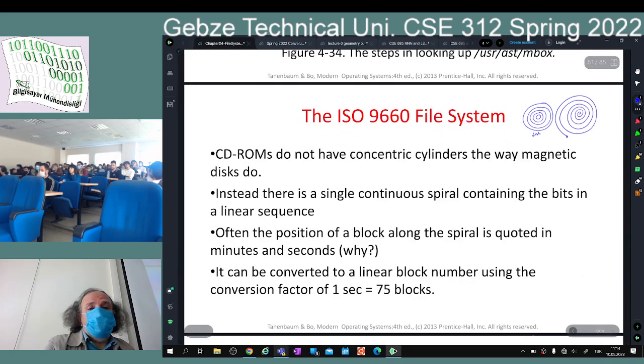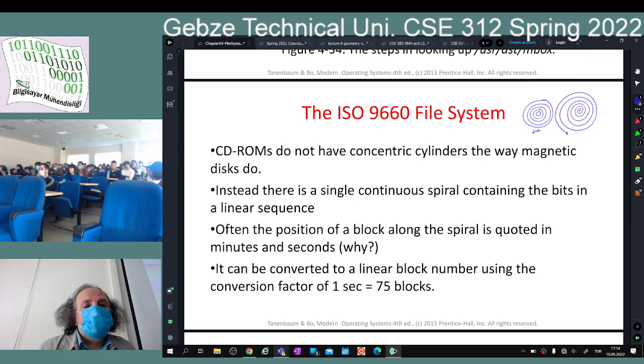They don't have concentric cylinders. They have a single continuous spiral containing the bits. Remember, on disk we have an addressing method of sector number 7 of track number such and such. In CD-ROMs we don't use that kind of addressing.